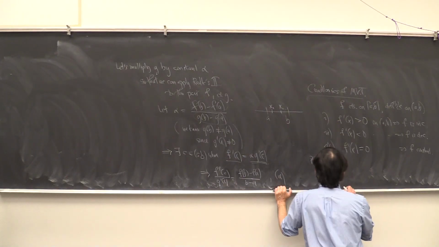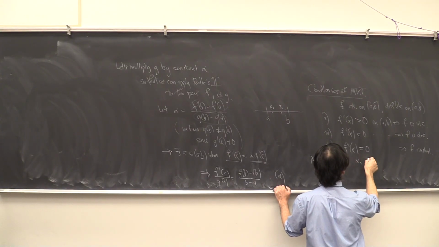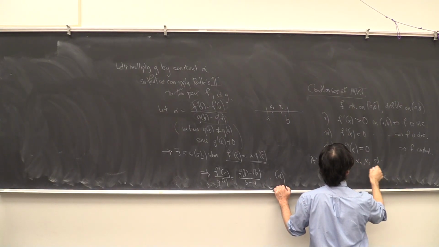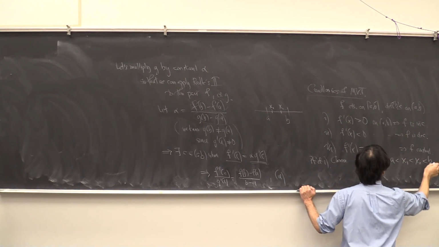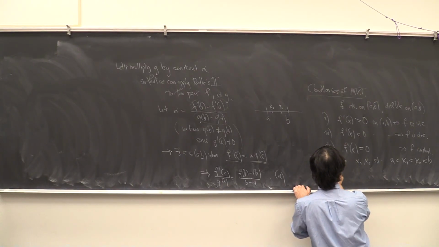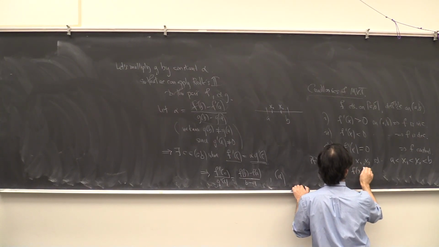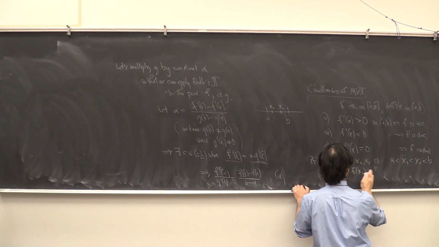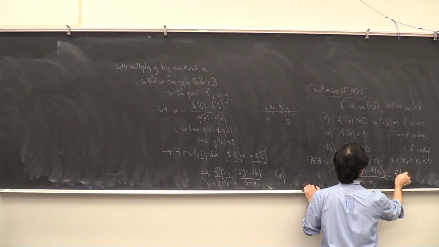Okay, so let me write it out. Choose x1 and x2 such that they're in the interval and x1 is to the left of x2. Then f of x2 minus f of x1 over x2 minus x1 is some positive number.